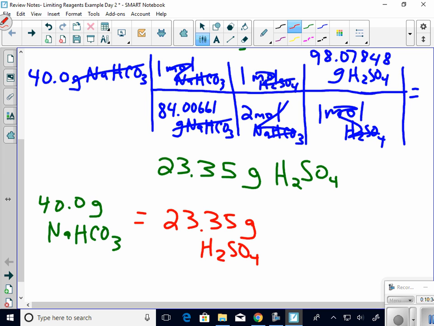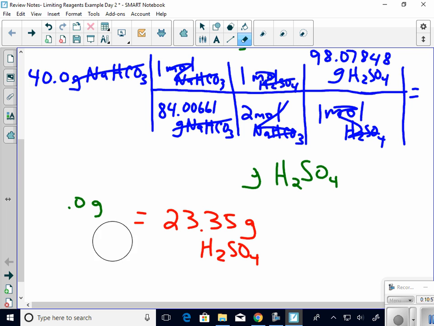So you ask yourself, what do I not have enough of? Which is it? The acid, right? I only have 6 grams of that, and I need 23.35.